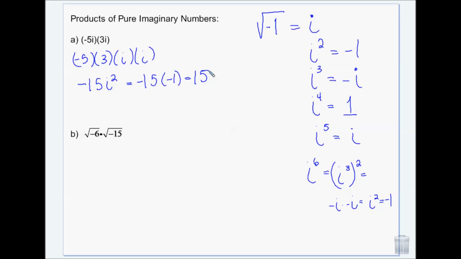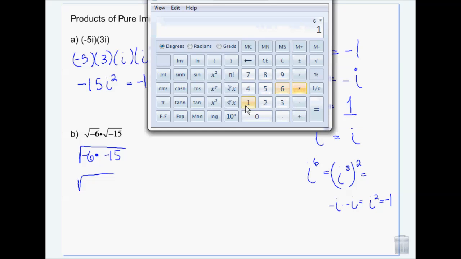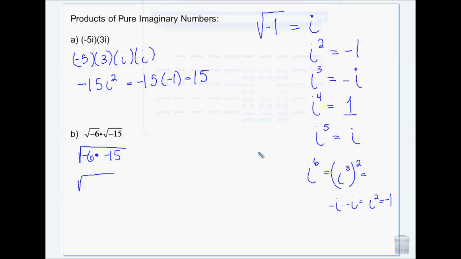Now here, the square root of negative 6 and the square root of negative 15. If I have 2 square roots, I can multiply what's under the square roots together. So I have 6 times 15, which is 3 times 30, which is 90. Let me check myself. Yeah, 90.